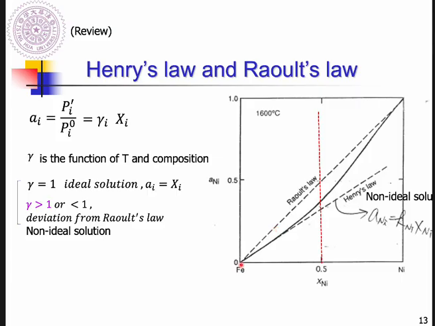So this means that it obeys Raoult's law, which is ideal solution. A equals Xi as long as gamma equals to 1. Ideal solution mix, which means that before and after, it equals 1.